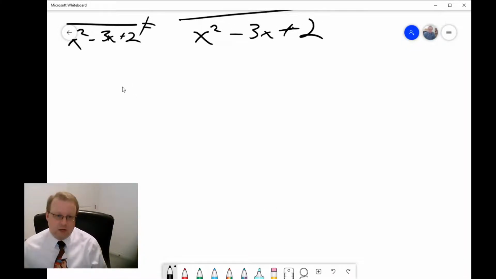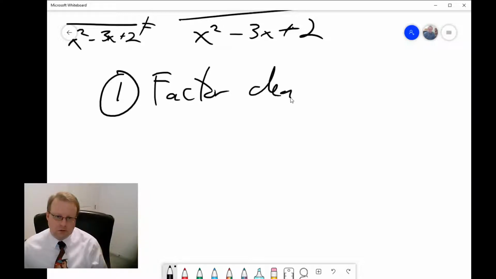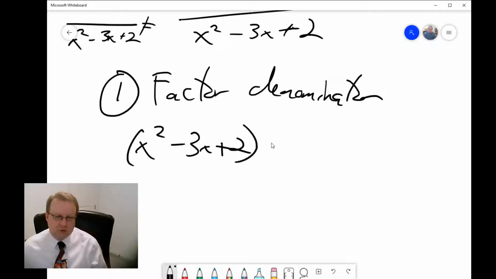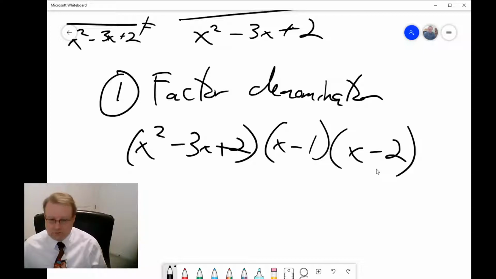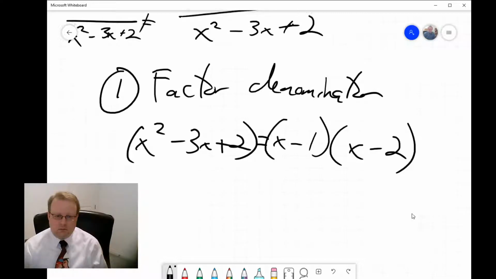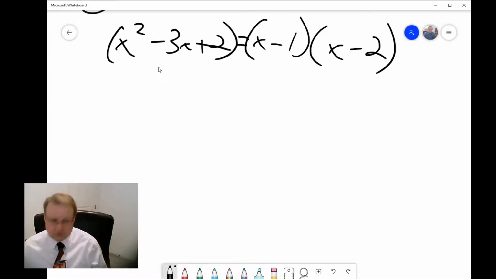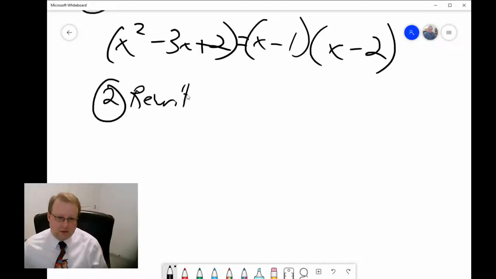So step 1, we have to completely factor the denominator. In this case, x squared minus 3x plus 2 factors as x minus 1 times x minus 2. So that is step 1 complete. Now for step 2, we rewrite one fraction as more than 1.